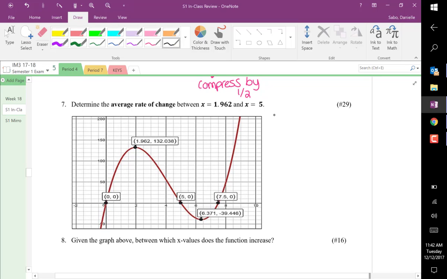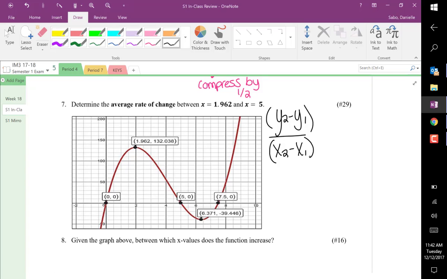Average rate of change is y2 minus y1 all over x2 minus x1. That will be given to you. It's also in your interactive notebook already. Now, get your 2 different color highlighters out because this is where it's important.